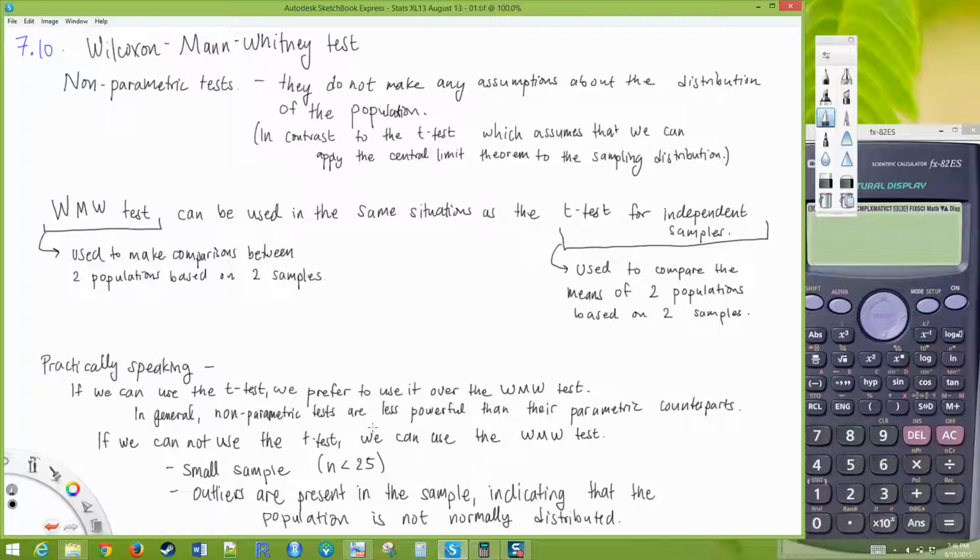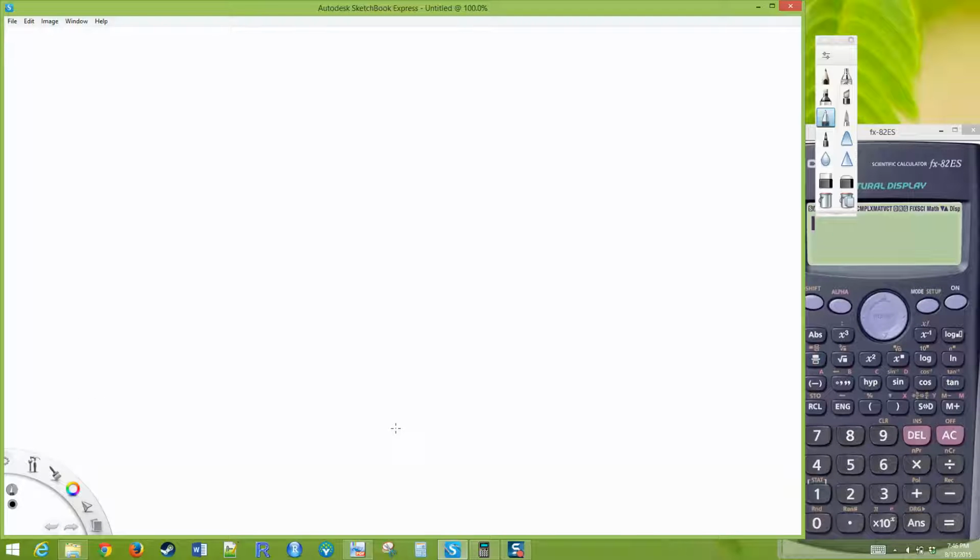Okay, let's get into how to conduct a Wilcoxon Mann-Whitney test. Oh, another thing. Our book uses the Wilcoxon Mann-Whitney test, which is also equivalent to the Wilcoxon rank sum test.